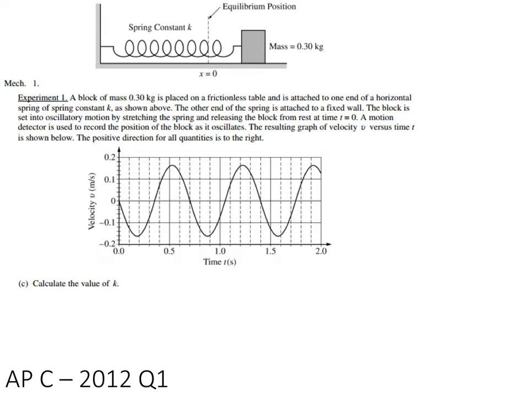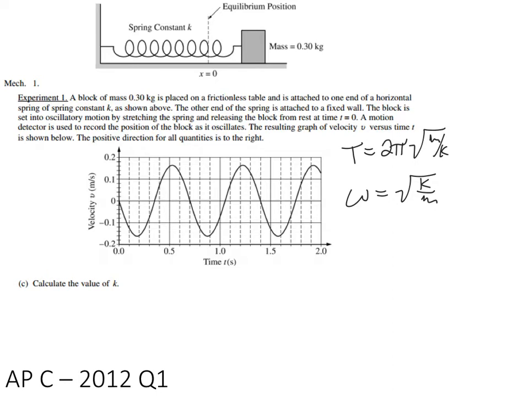Alright, for this, there's 2 different ways to go about doing it. One of them is to use the equation, the period equals 2 pi root m over k, and solve for k. Or, since we already have it, omega equals root k over m.